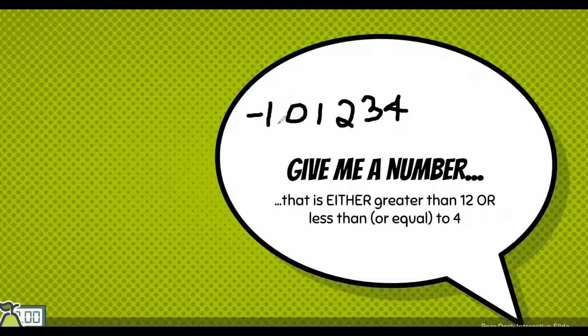Let's say you pick the other direction though. Because I said the word either, you could have also decided to give me numbers that were greater than 12. So you could have given me something like 13 or 14 or 15. Again, 12 wouldn't work because 12 isn't bigger than 12. But you can keep on going up and up forever if you really wanted to.